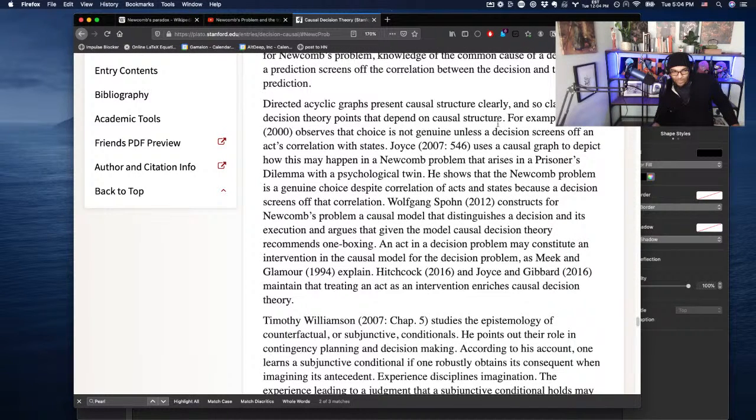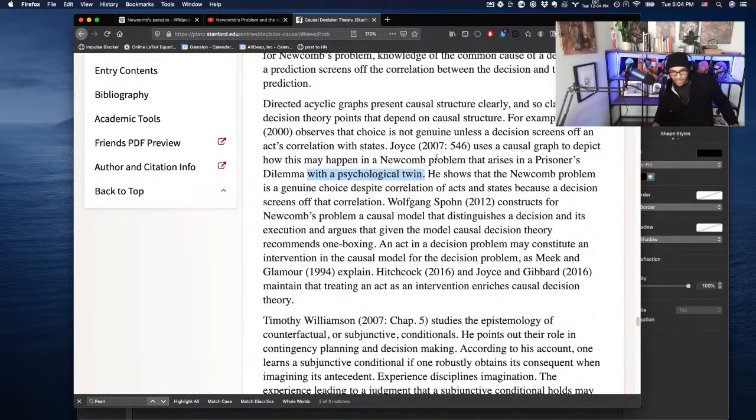For example, Eells observes that a choice is not genuine unless a decision screens off. Joyce uses a causal graph to depict how this dilemma may happen in Newcomb's problem with a psychological twin. He shows that Newcomb's problem is a genuine choice despite correlation of acts and states because a decision screens off that correlation.